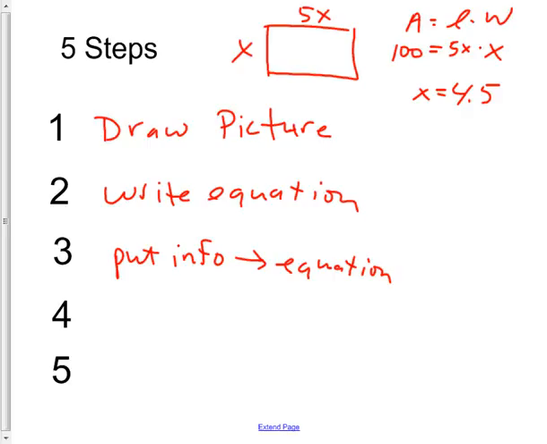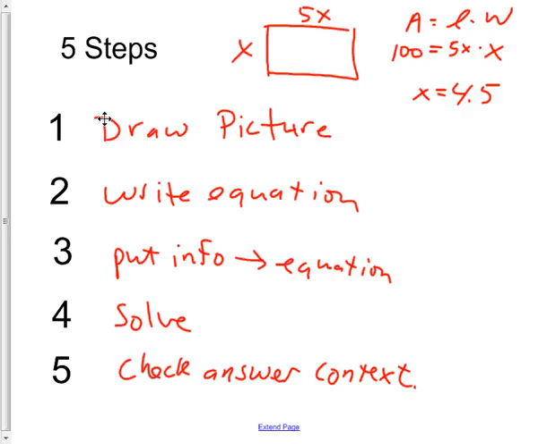And then what did I do next after that? I solved it. And there's a very important fifth step that I haven't done yet. Yes, sir. I'm going to say it a little differently, but you said the right basic thing. Check. Answer. Context.